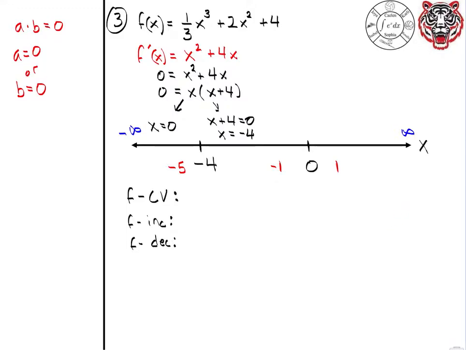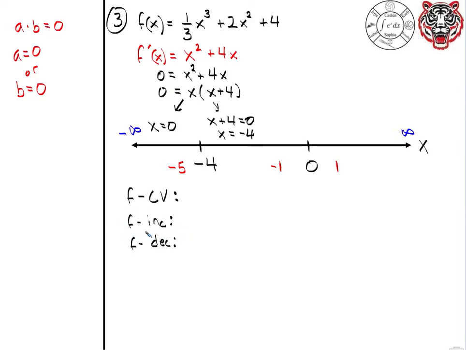All right, so what happens when I plug in -5 into my original equation for f prime? Remember, you always go into f prime when plugging in values because this is the graph of where I have increasing and decreasing. What is the definition of f increasing?